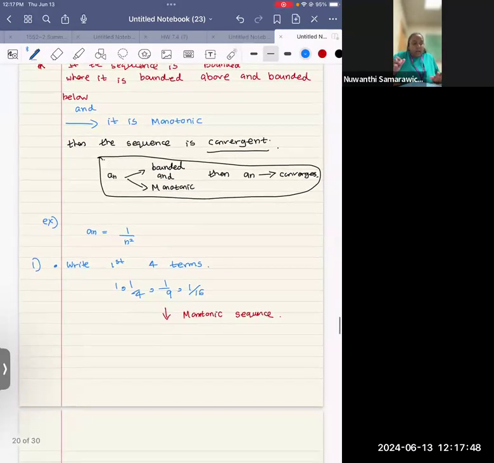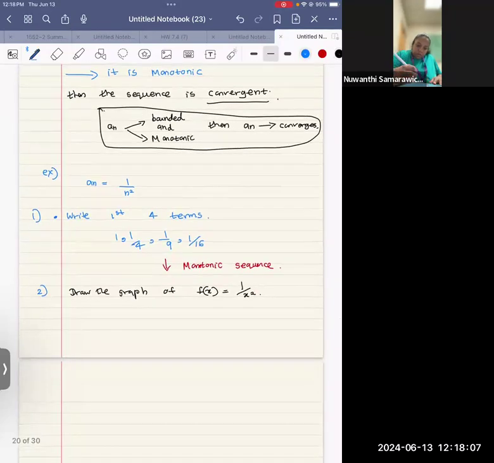Or else we can check by drawing a graph. Let's say this as a function, 1 over x squared. This graph will look like this.